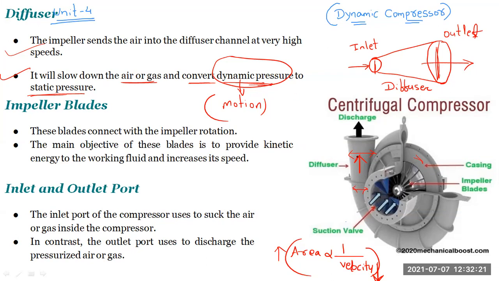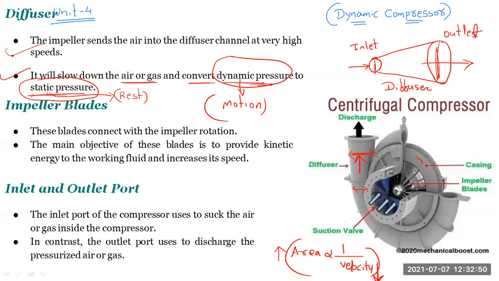But inside this diffuser, since this cross-sectional area will gradually increase, the velocity will gradually decrease. If velocity will gradually decrease, whatever the pressure we will get here, that pressure is called static pressure. What do you mean by static? Static means rest. Okay, so this is the meaning of a diffuser. This is the work of a diffuser.